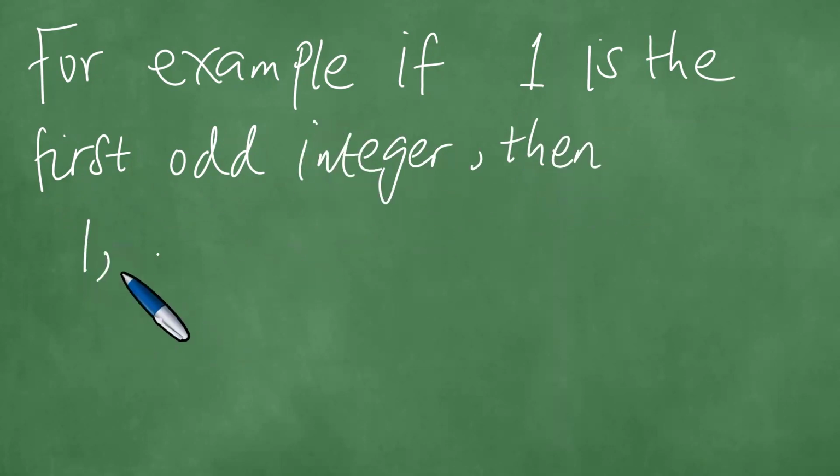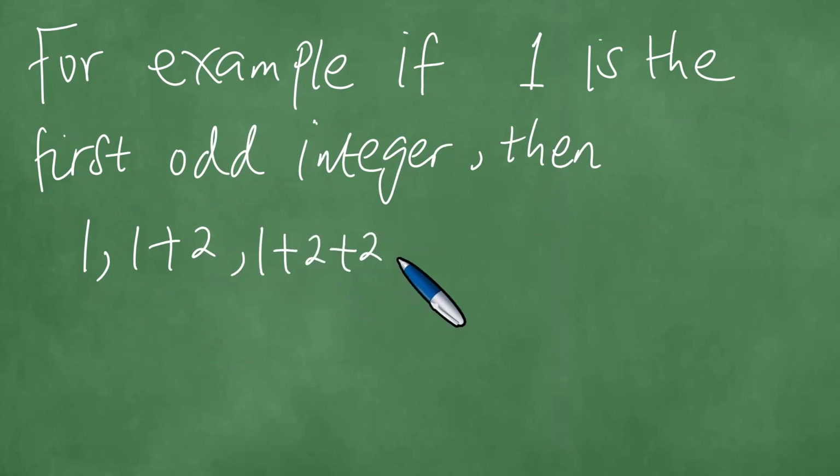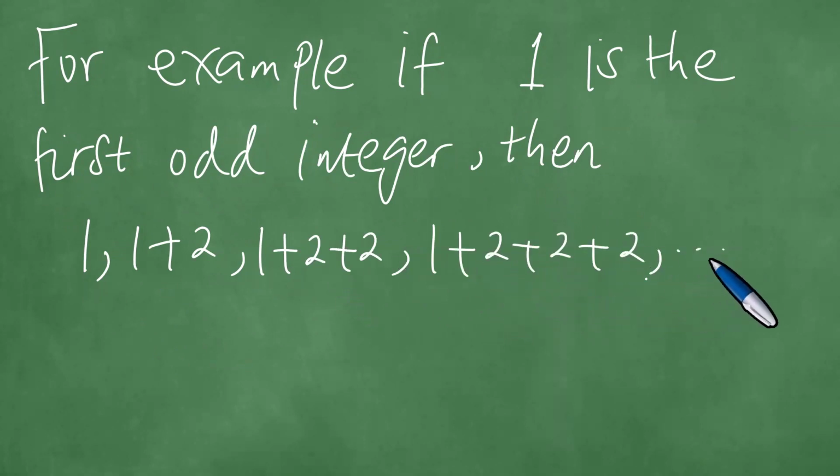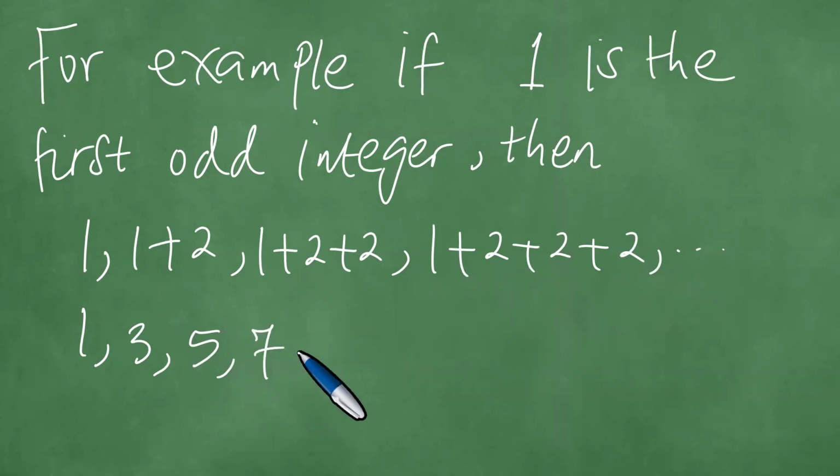We get 1. And then you add 2. After that, you add another 2. You add another 2, and so on. Okay, just listing a few here. So we have 1, and 1 plus 2 is 3. And here it's going to be 1 plus 4 is 5. And 2 plus 2 plus 2 is 6, plus 1 is 7.